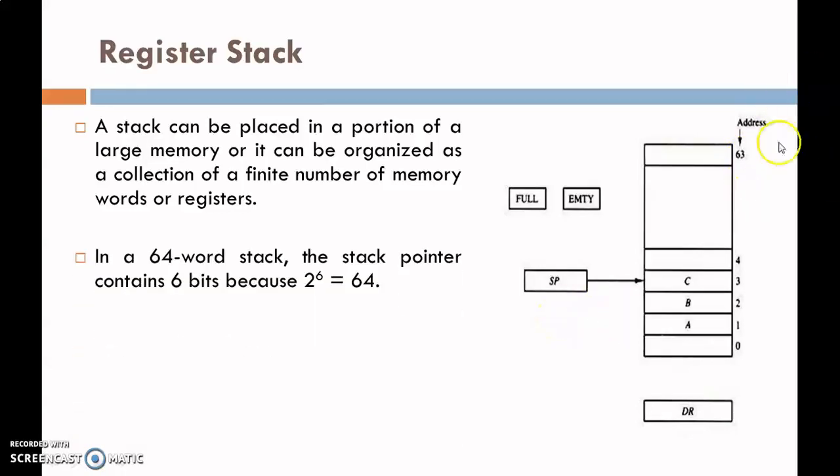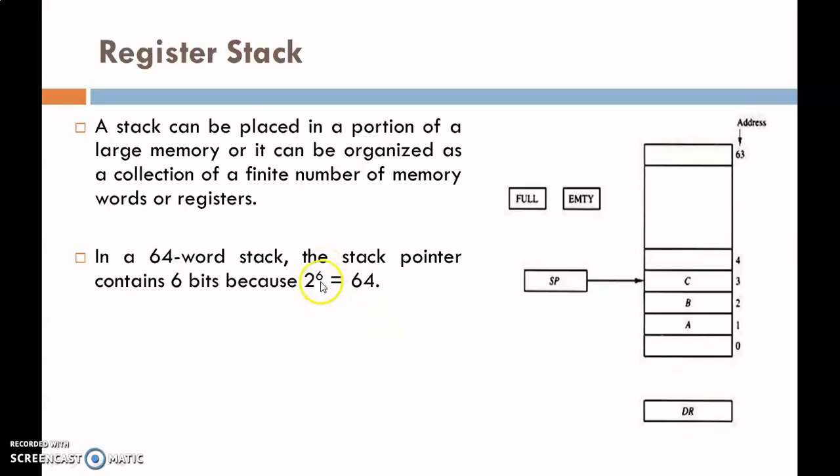Here a 64-word stack is there. That means a total of 64 words we can store at a time. The stack pointer contains 6 bits because the total number of words is 64, and 64 can be written as 2 raised to 6.